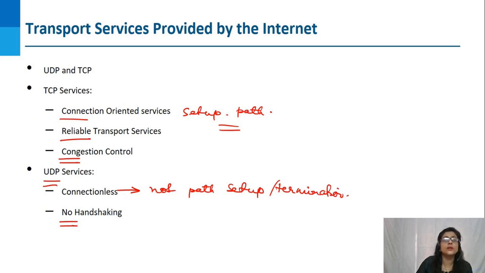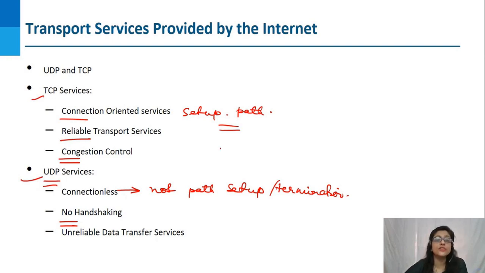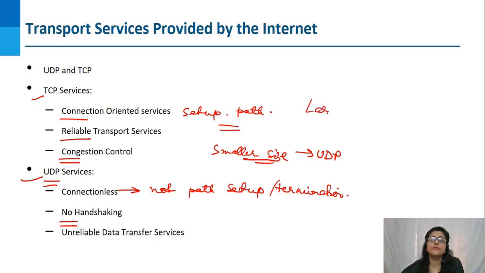So it is not a reliable data transfer service, and there is no congestion control technique either. But as compared to TCP, UDP is very simple to use. Whenever the data is of smaller size, we can go for UDP, and if the data is of larger size, we can go for TCP.